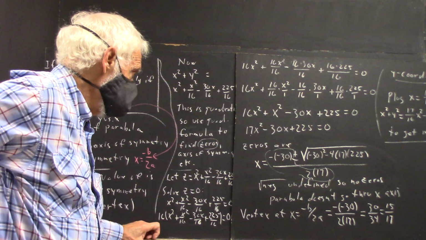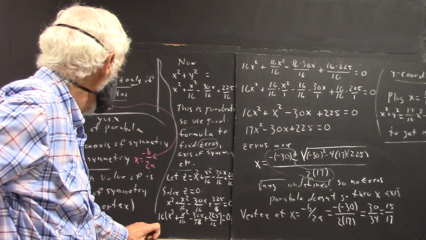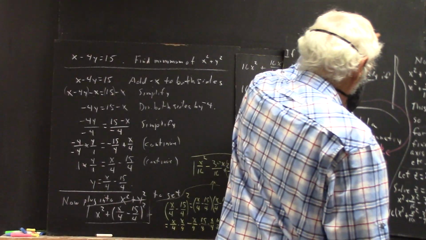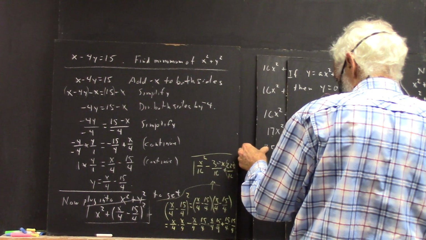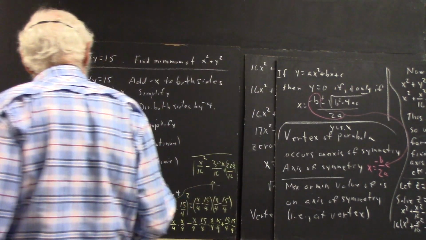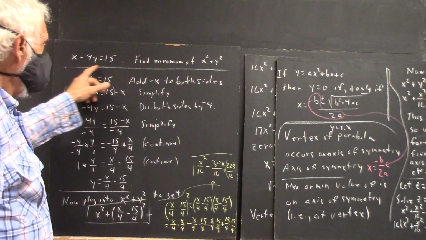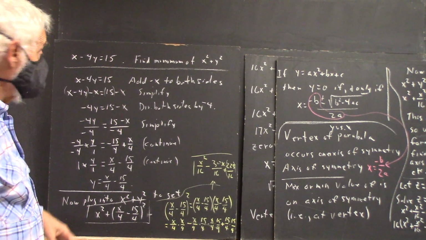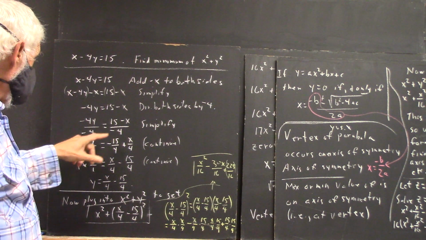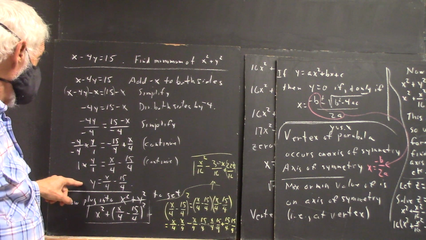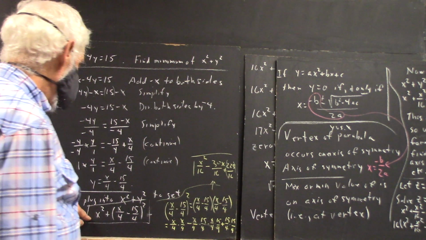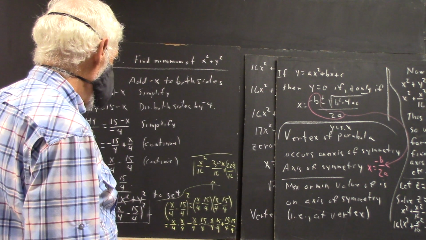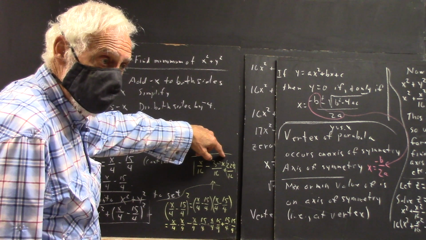Okay, well, that's a big exercise in algebra. The main thing that we've done is we started with this thing. We wanted to find the minimum of x squared plus y squared. We solved this equation for y, and we got this, which we then plugged in for y in this expression, which gave us this, and this simplifies to this.